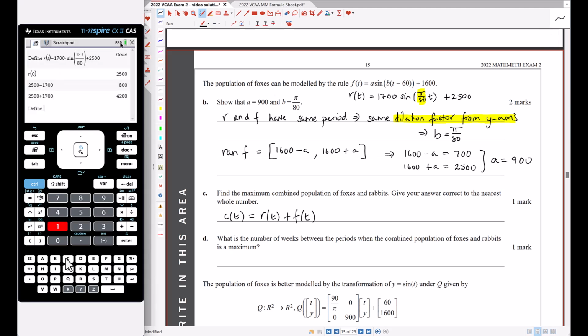Let me define a new function. Actually, I haven't defined f of t yet, the fox one. Let me do that. F of t is going to be 900 times sine of pi on 80 times t minus 60, plus 1600.